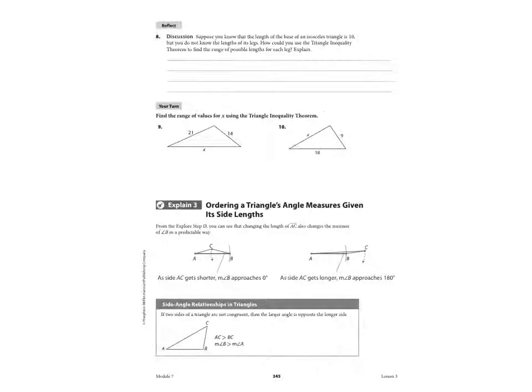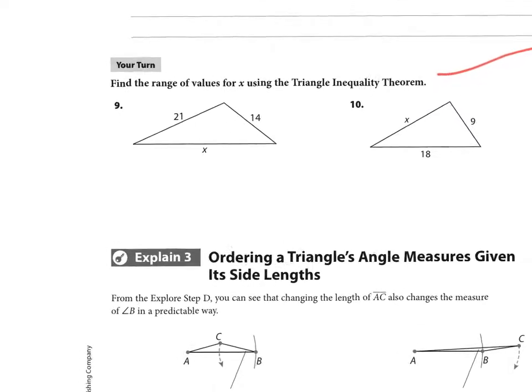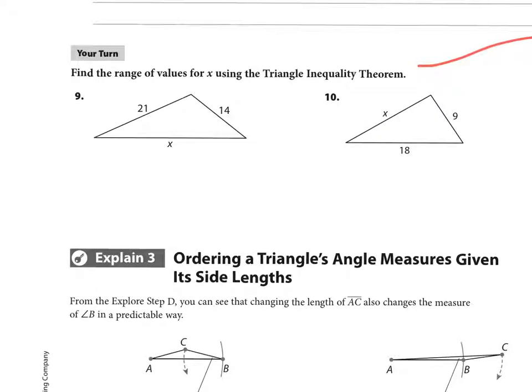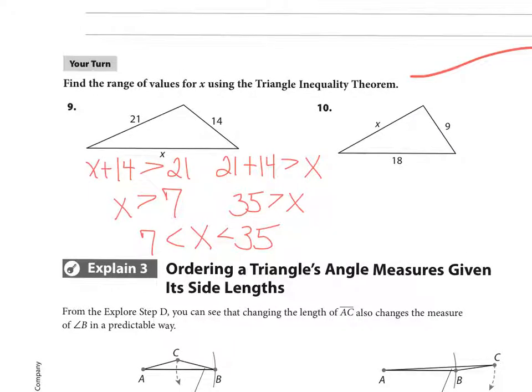We're going to look at number 9. I want you to do number 9 and then come back and see if you did it correctly. Okay, so you should have set up these two equations. X plus 14 is greater than 21, and 21 plus 14 is greater than x. And you would have got that x has to be greater than 7 and less than 35.